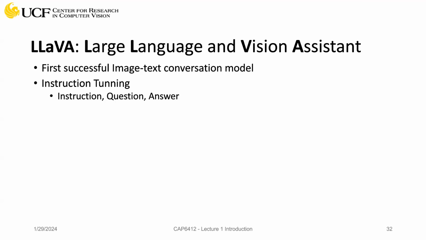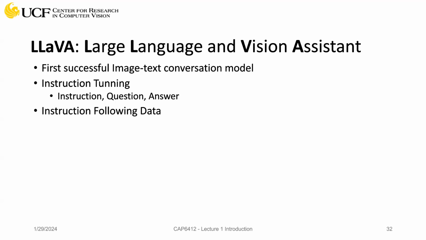So in order to do that, you have to do what is called instruction tuning. You have to have an instruction, a question, and an answer. Using that, you train these models. Then you can use it during testing for the conversation. So that's the idea, and this LLaVA was one of the first to do it for visual language.